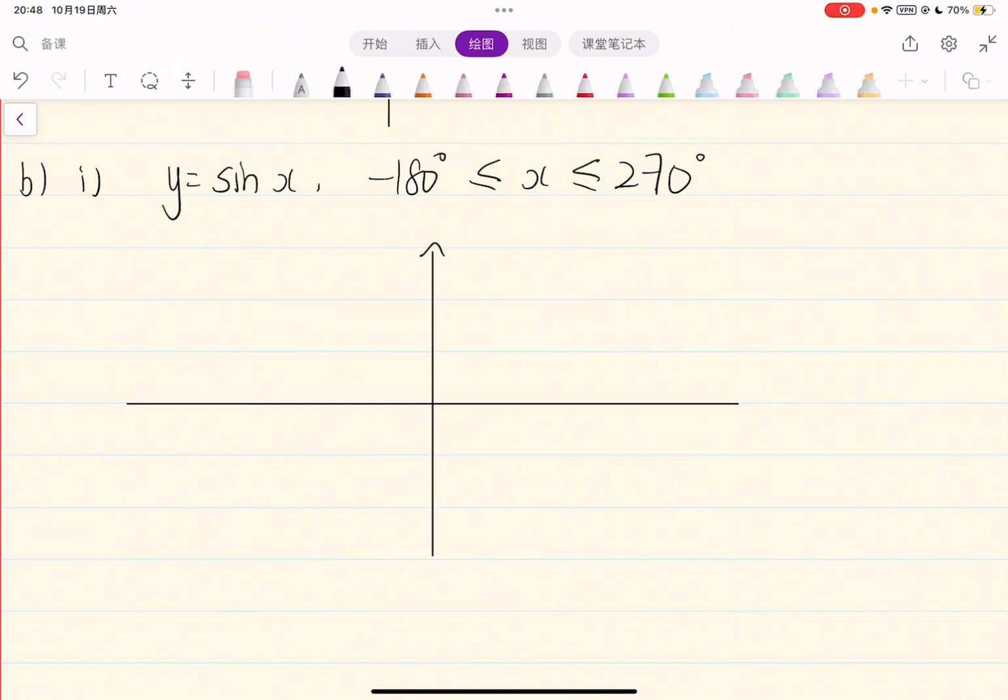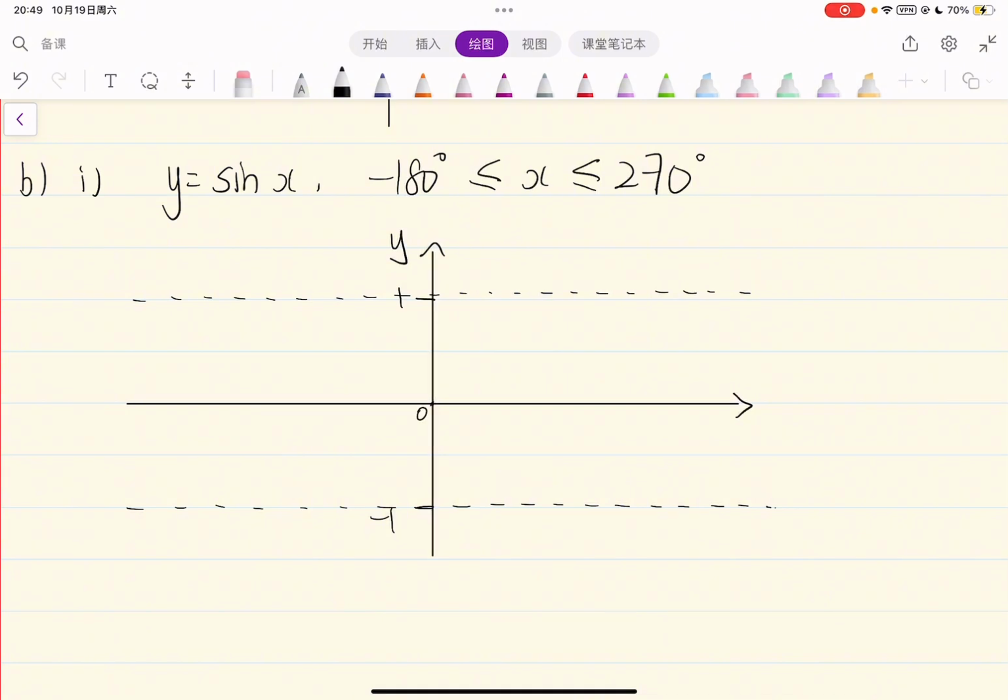Now remember that the maximum value of sine x is 1 and the minimum value is minus 1. Similarly, we can draw the lines at y equals 1 and y equals negative 1. So the curve is between the two of them.